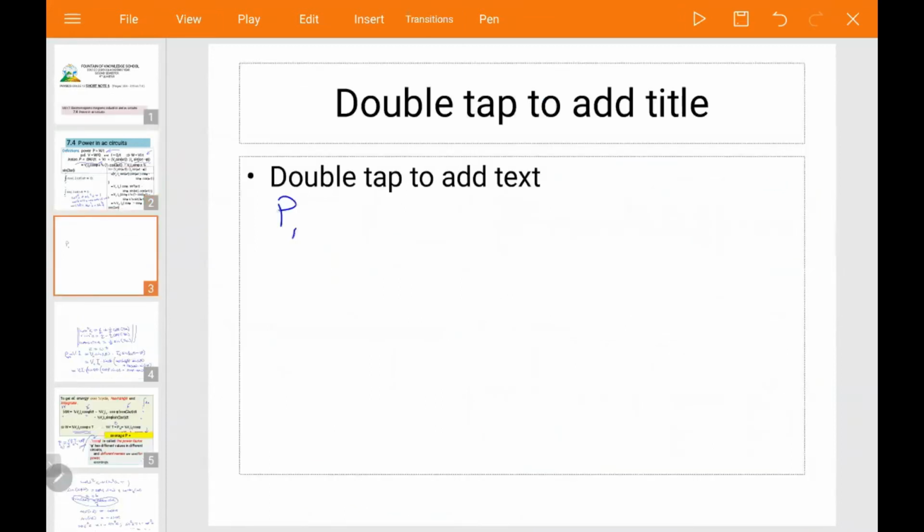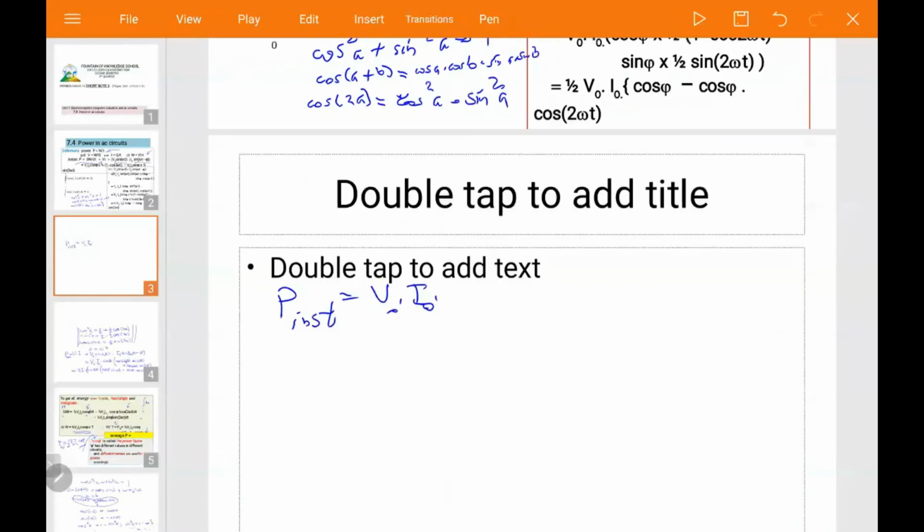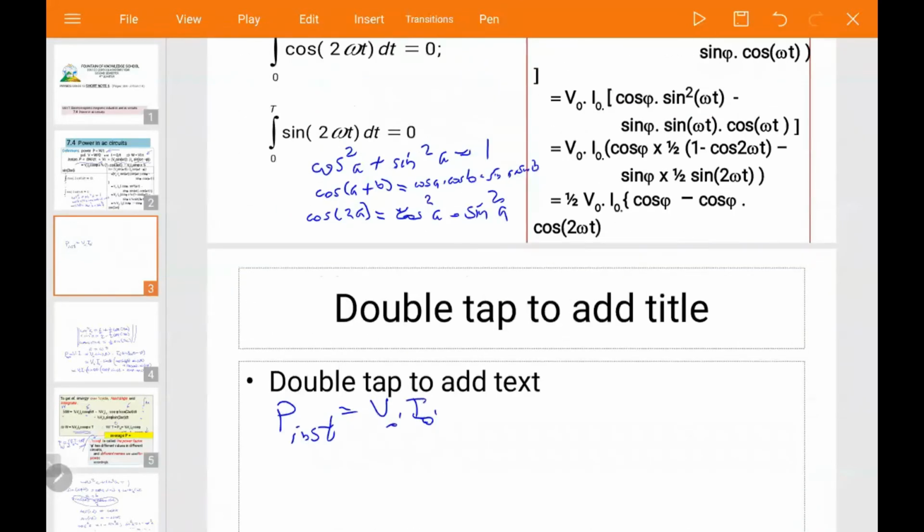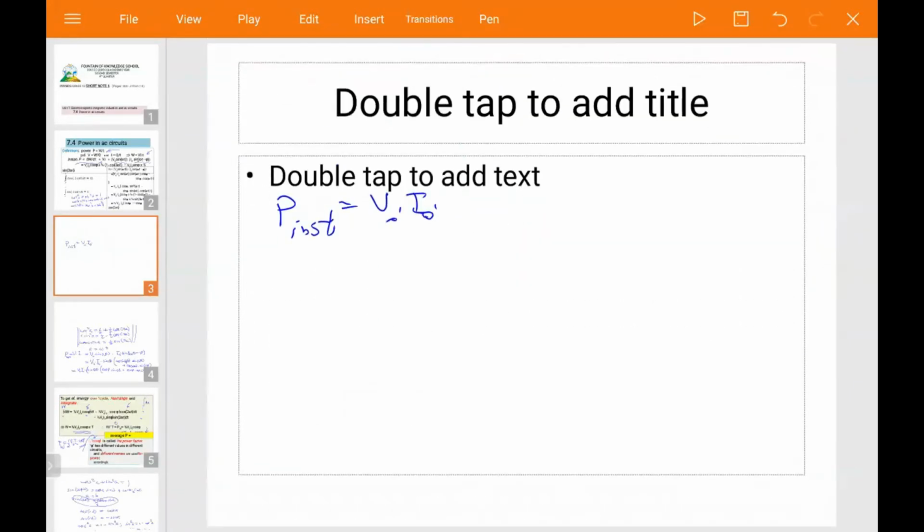So instantaneous power then is equal to V0 I0 cos phi sine squared omega t. Let me have a look at the previous one.